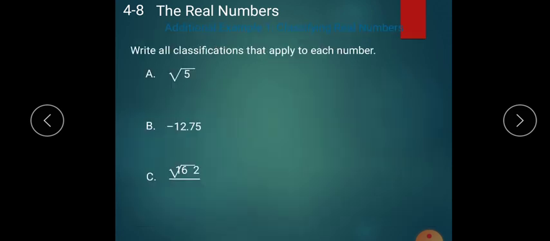Let us see some examples. Root 5. 5 is a prime number, so the square root of 5 is an irrational number. Minus 12.75.